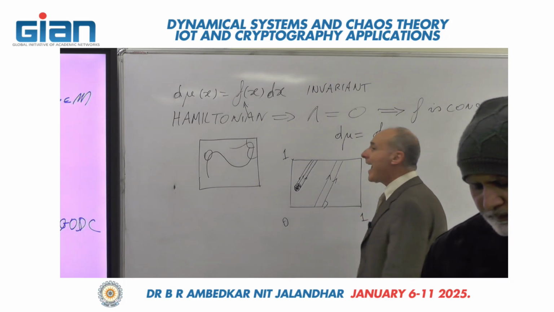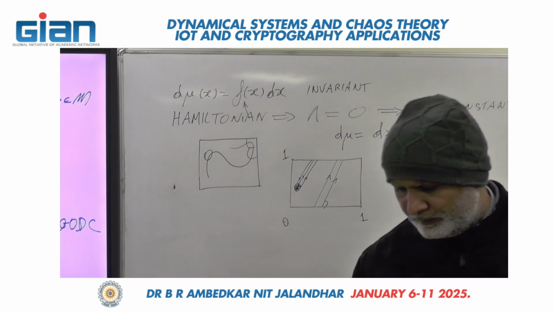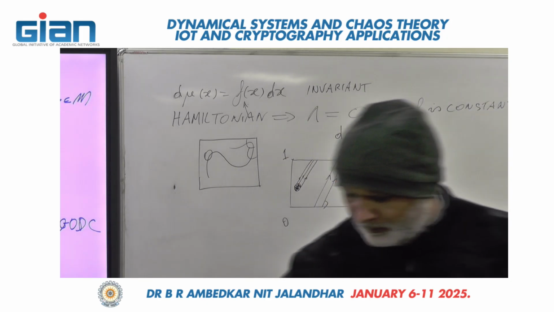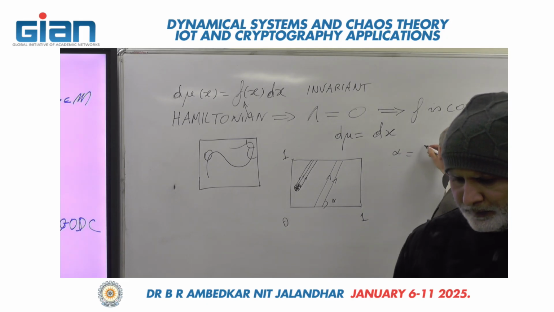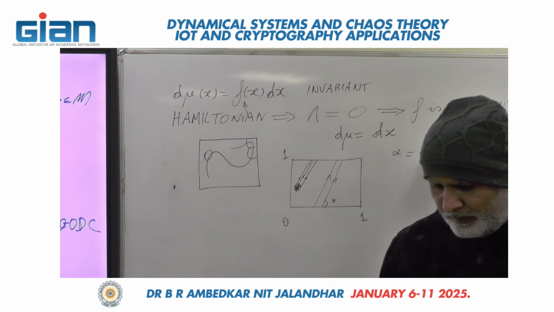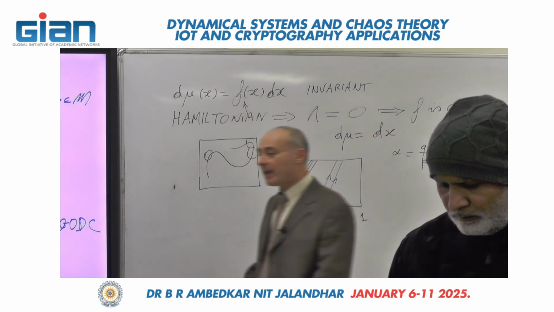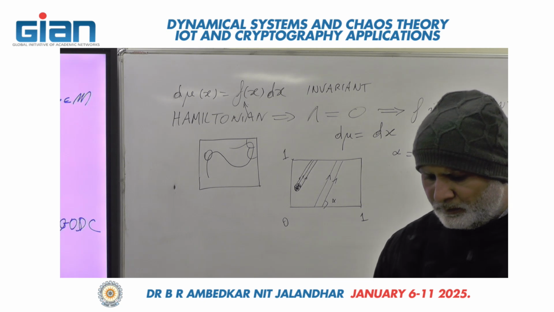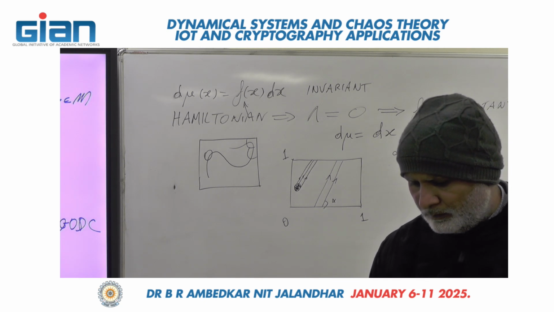Now, if the angle that trajectories make with respect to the horizontal is rational with respect to pi, if alpha is equal to the ratio of two integers times pi, all trajectories will eventually come back to where they started, and you will be on a periodic orbit.